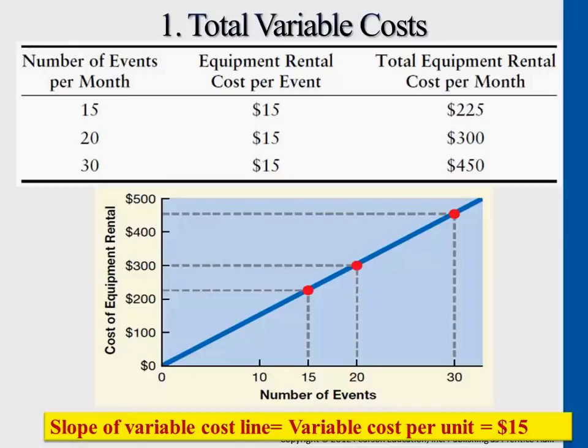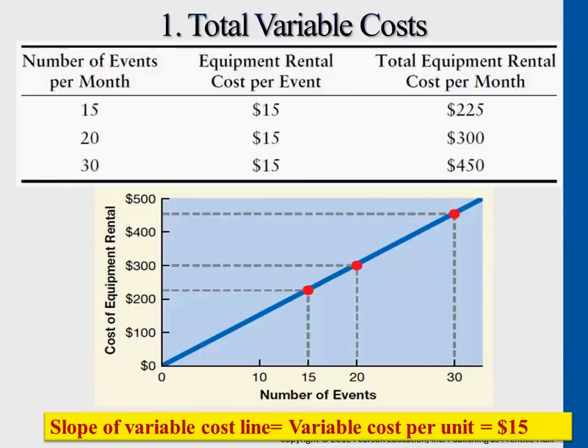What about the total cost? At 30 events, the total cost incurred is 450, minus the 300. So we get the difference of 10, and use it to divide 150 to get, again, a slope of $15.